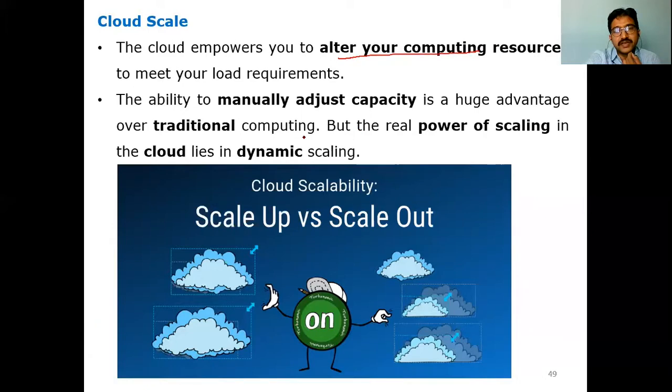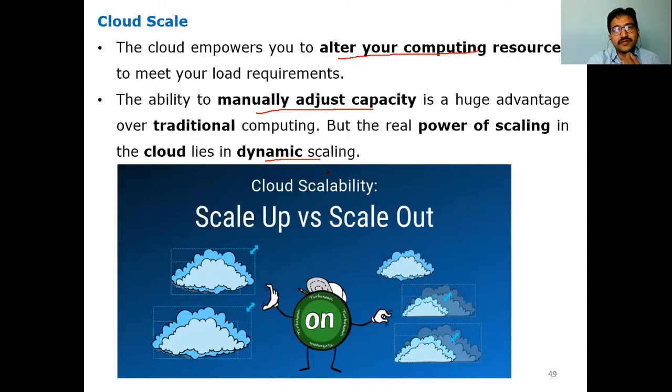load requirements, automatically, whenever more resources are required. Manually adjusting capacity in traditional computing is a huge effort, but the real power of scaling in the cloud is dynamic scaling, because in the cloud, as the usage and cost of running the computing require more, it automatically adjusts the database and the RAM, moving from one to another.